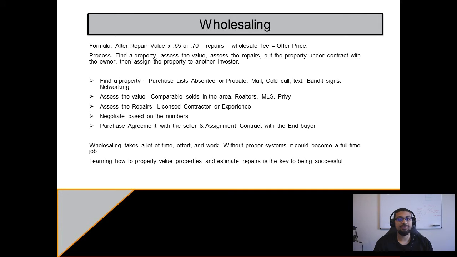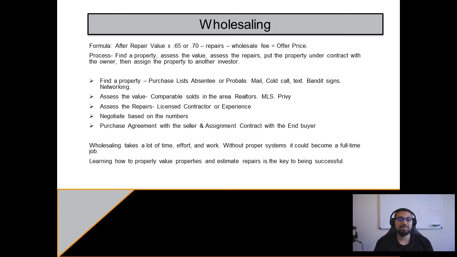Wholesaling, the formula. And this isn't a concrete formula. This is just a rule of thumb, if you will. So after repair value, which is what the property is worth after it's been repaired, times 0.65 or 0.70, so 65 or 70%, and that value, you have to really look at your market.